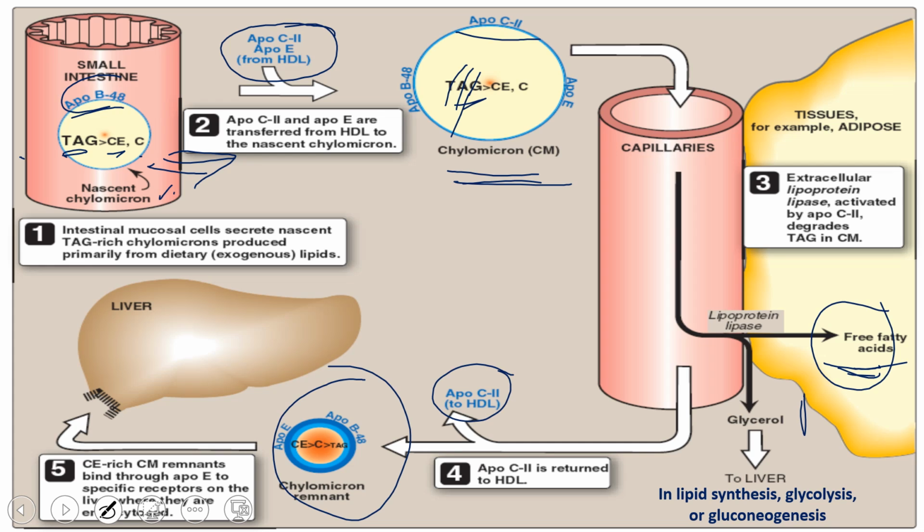Its density increases because it loses lipids, and it has ApoE and B48 with less triglyceride. So it is called the chylomicron remnant.